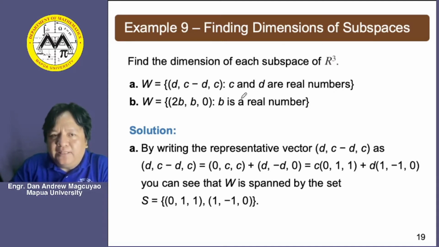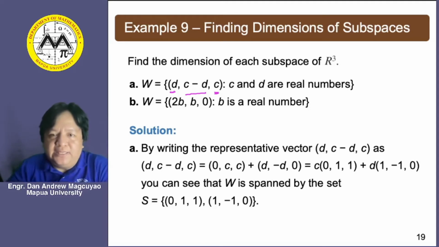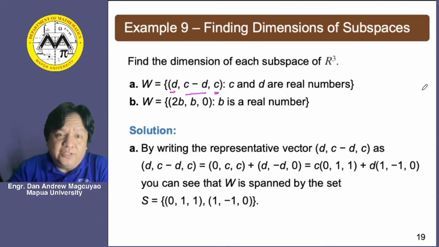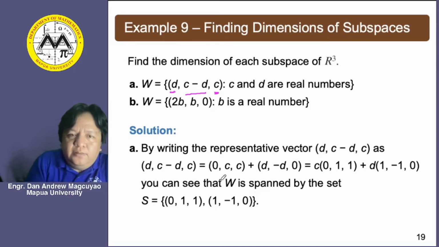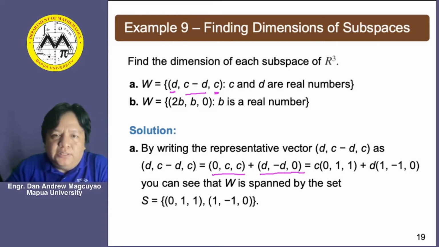So our representative vector is d, the second component is c minus d, and the third component is c. It can be written as d, c minus d, c, which is equal to 0, c, c plus d, minus d, 0.